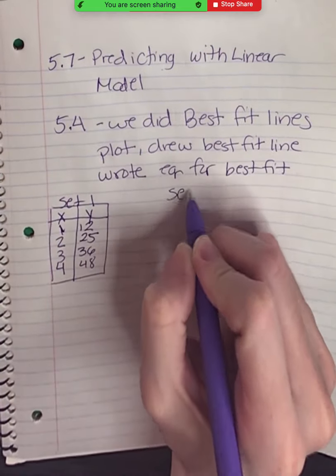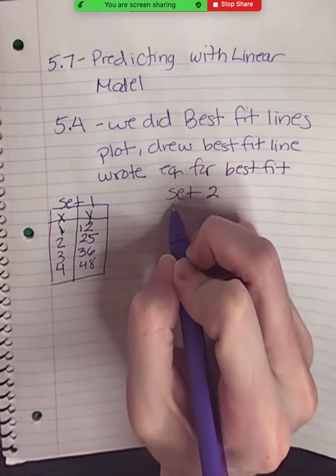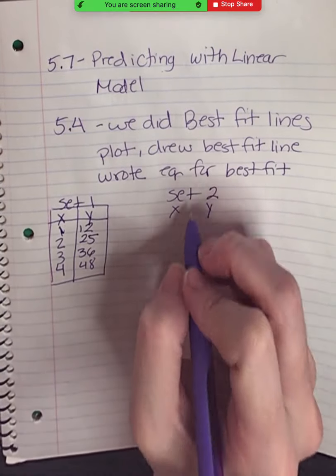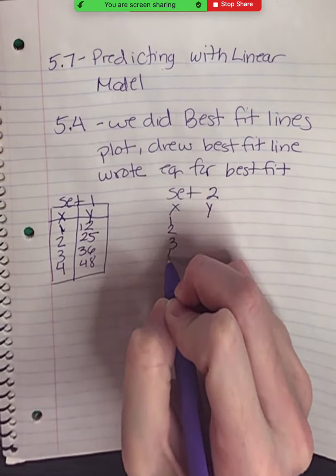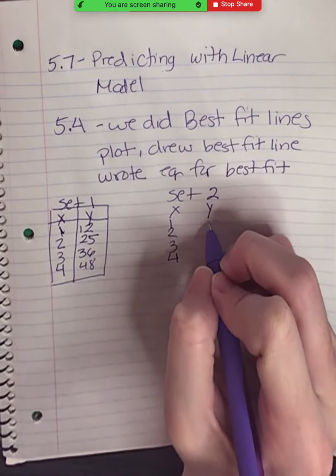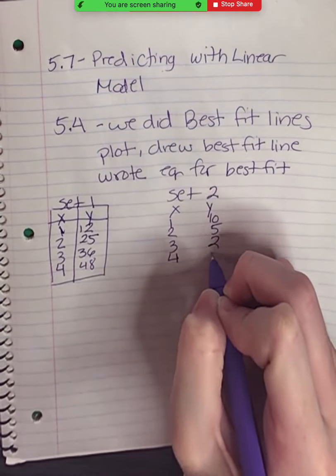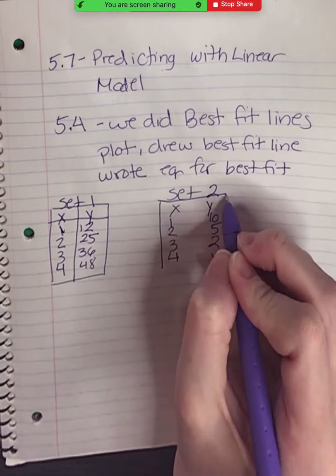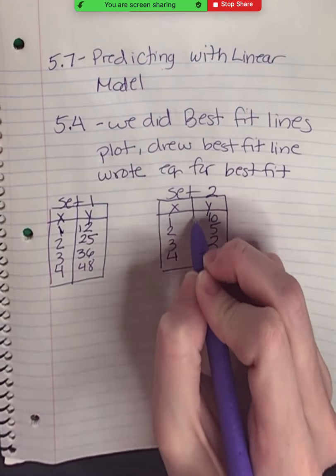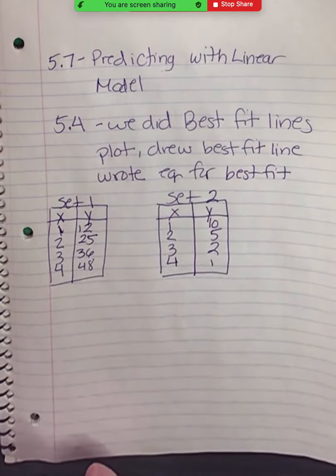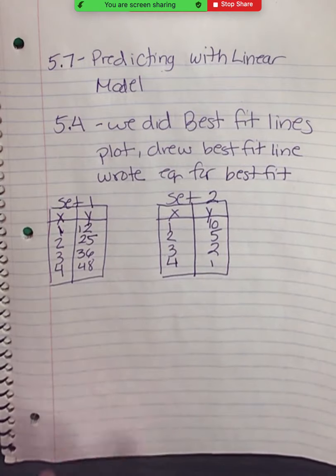And then we have a second set. Same thing. Here's our data. Same X values. And then the Y values are 10, 5, 2, and 1. And we want to look at these data and see which one a line is best fit for.